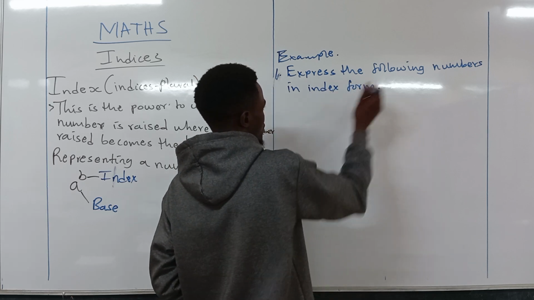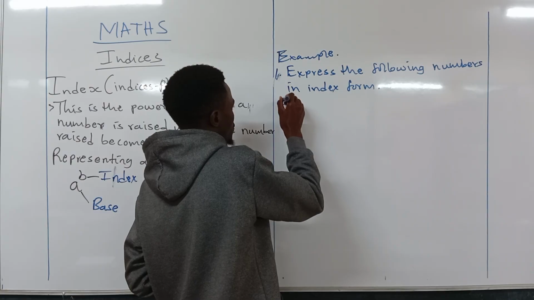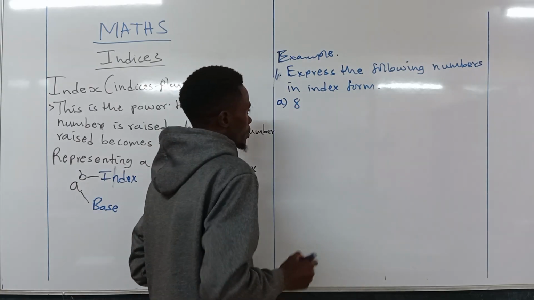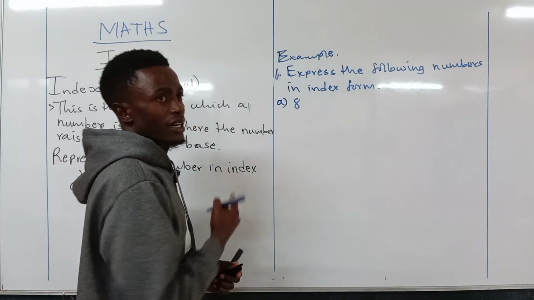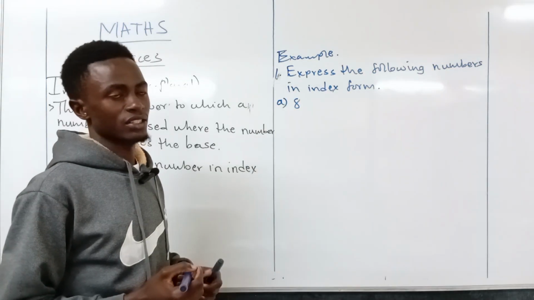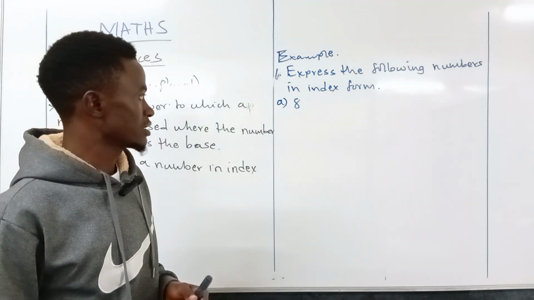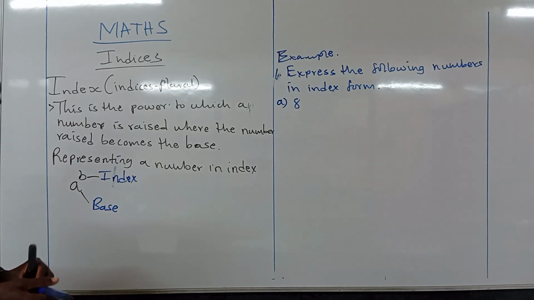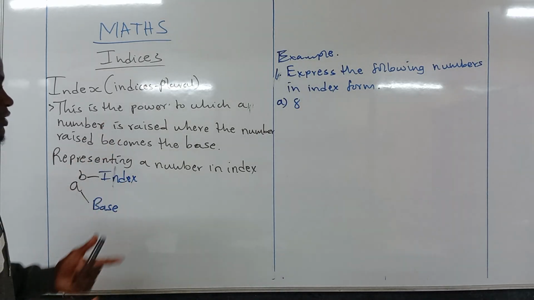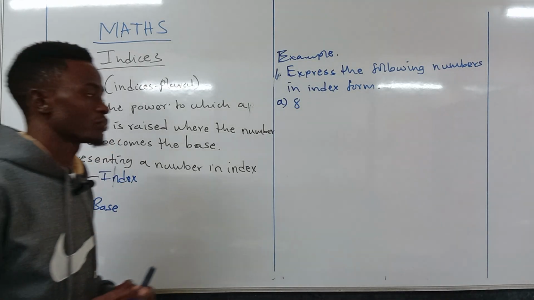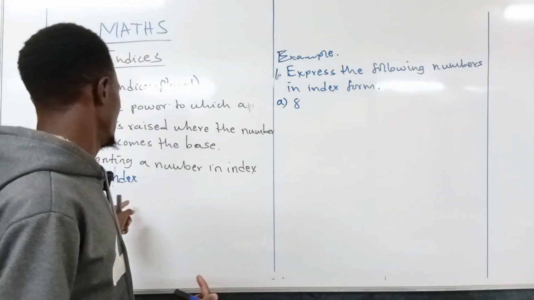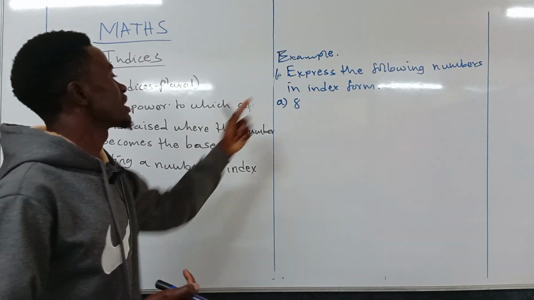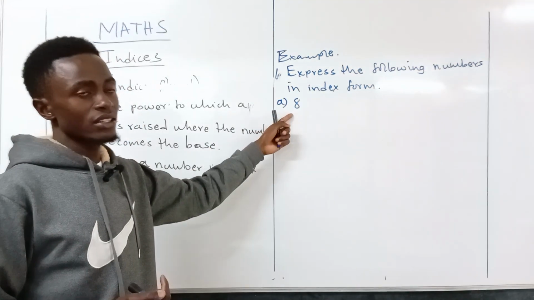Part A, we have 8. In this case, you need to understand how we arrive at 8, and one of the key things is that you need to understand the factors of 8. We are going to express 8 in different ways, and then rewrite our number 8 in index form.